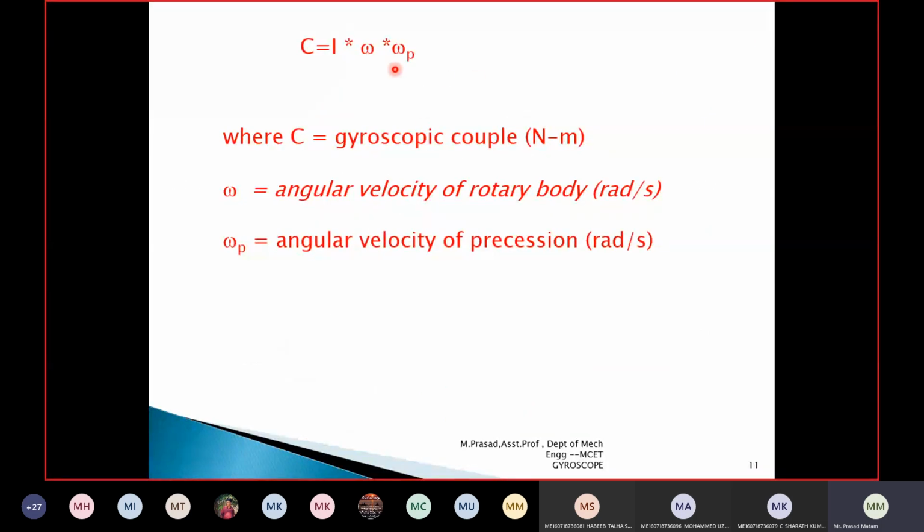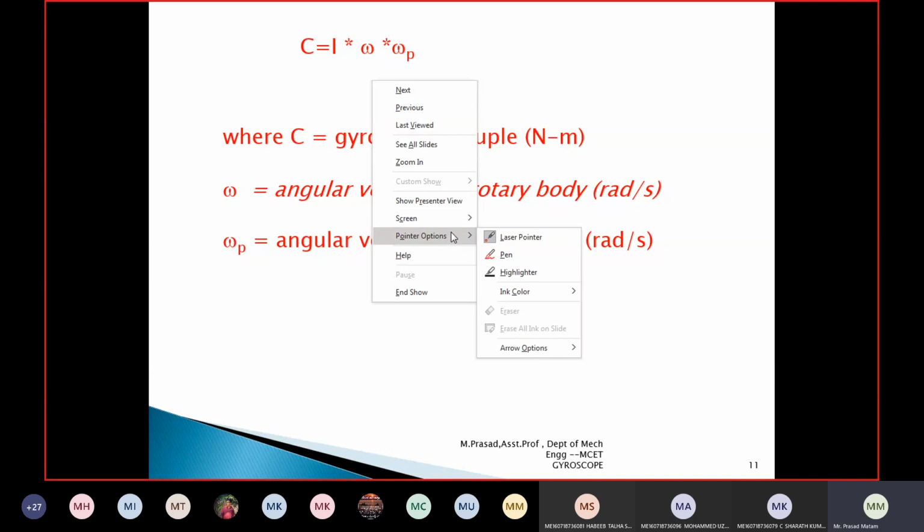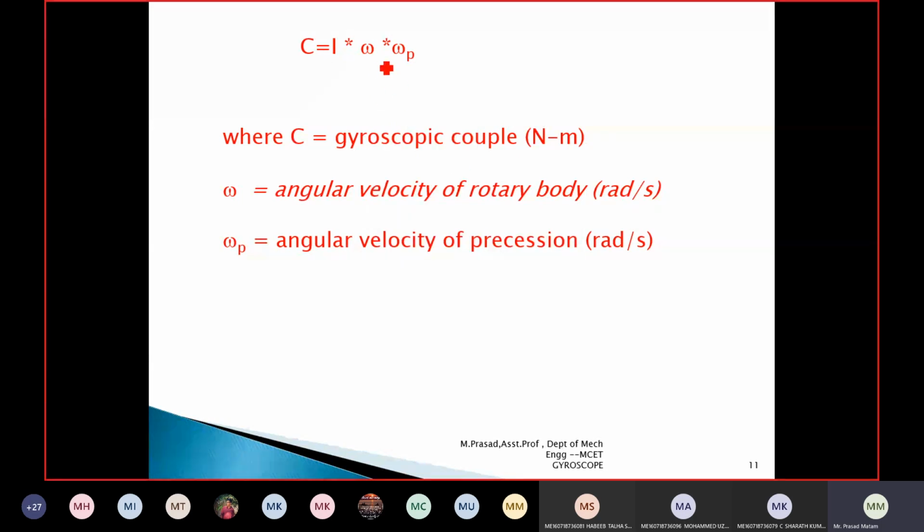From this you can see here, C equals I into omega s into omega p. I have not written omega, let me write properly here. This is omega s, the spin vector.